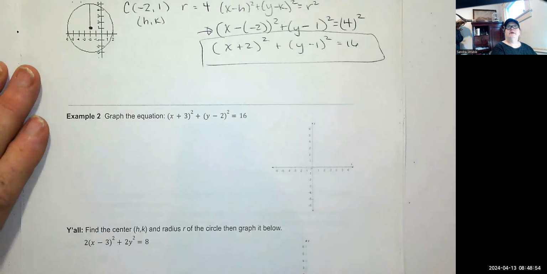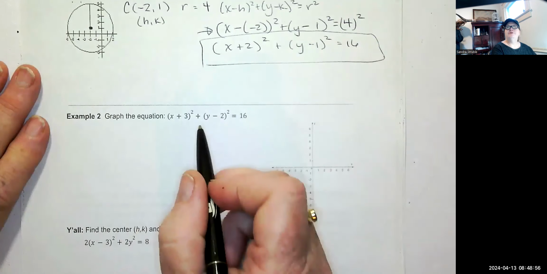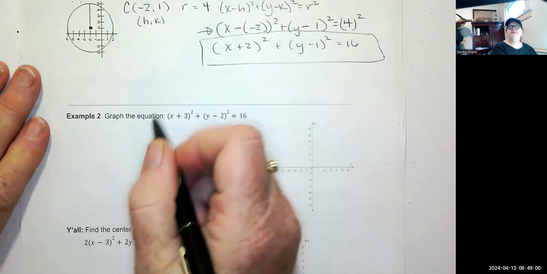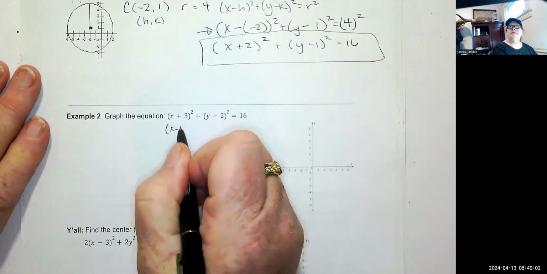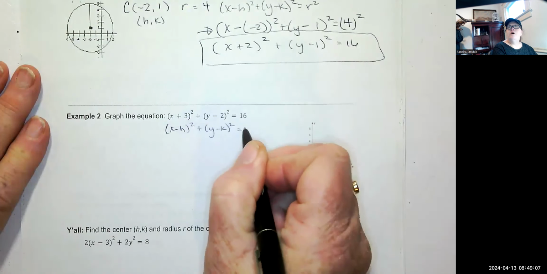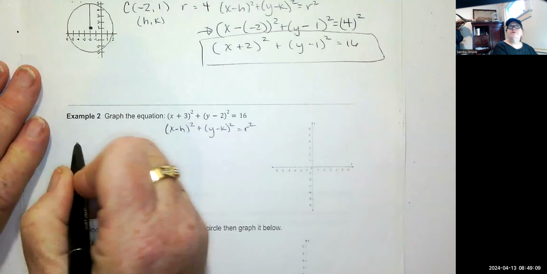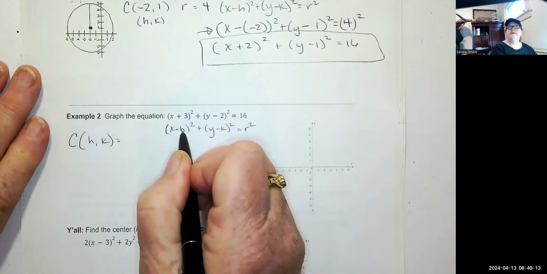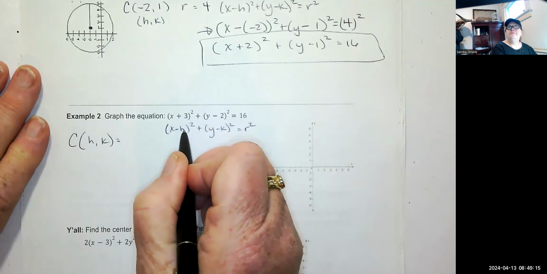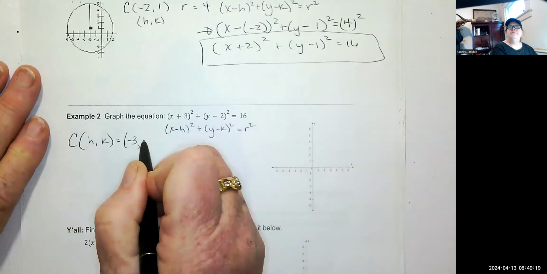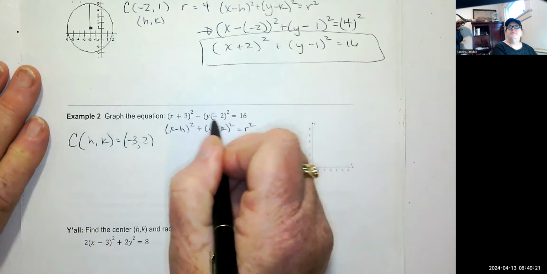All right. Graph the equation: x plus 3 squared plus y minus 2 squared is equal to 16. Well, you've got to remember that this is an x minus h squared plus y minus k squared is equal to r squared format. So to find our center, it is h, k. In this case, it's going to have to be a -3, so -3 and 2, because the negative's already there.